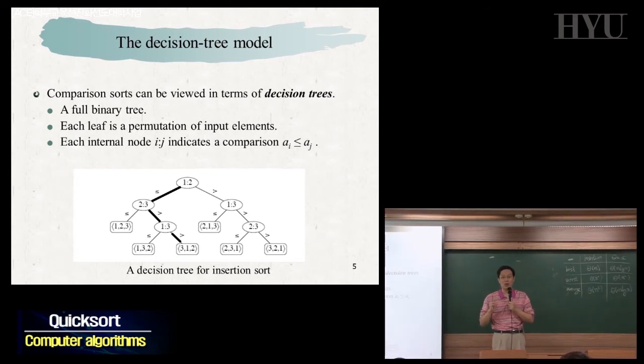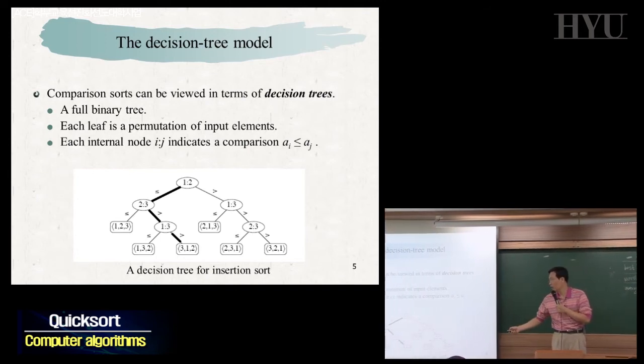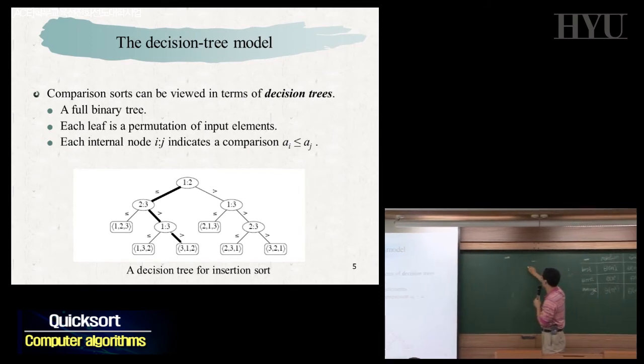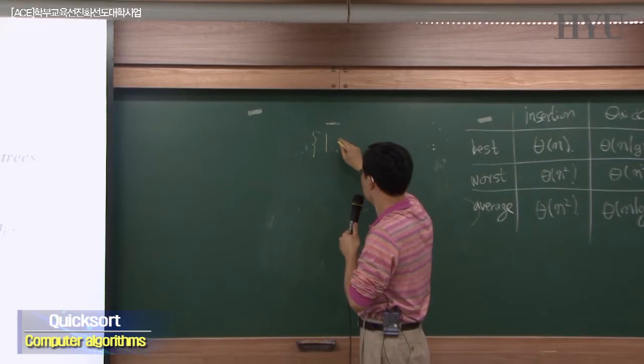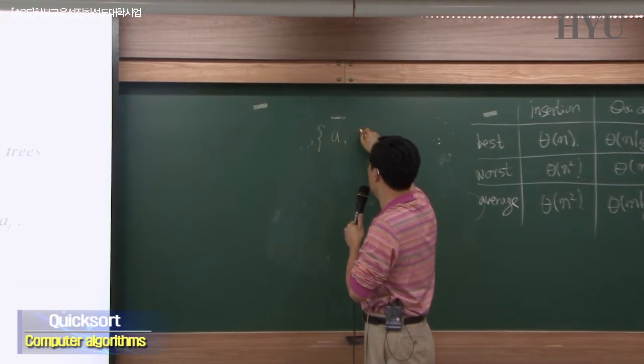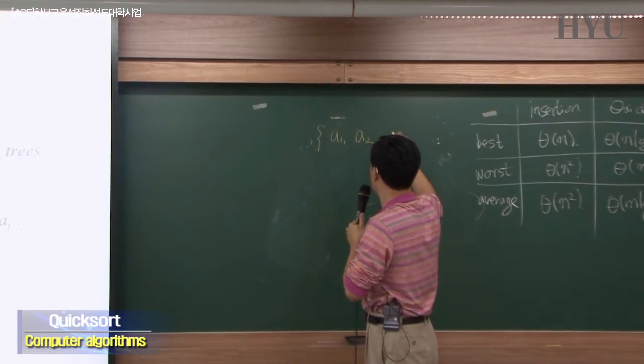And 1, 2, 3 here are the positions, the indexes in the original array. And then we have 6 candidates of the output of sorting, A1, A2, and A3.